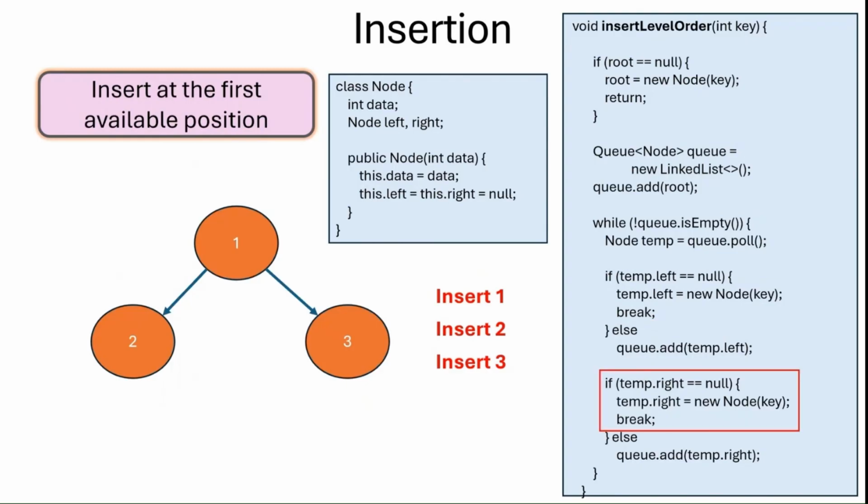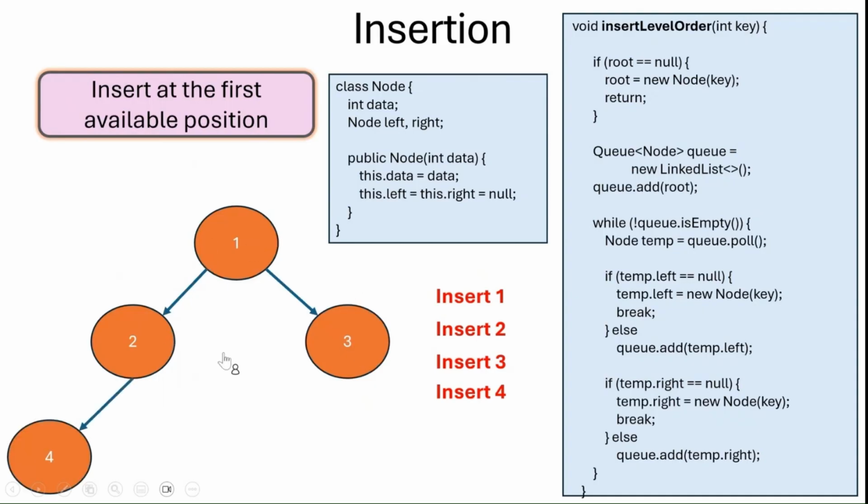If the right child is empty, then we can use that right child slot to create a new node. So whichever is the first available empty position. And we continue this for each new node. We traverse from root for each node and insert at the first available position. So this is the implementation of inserting the new node at the first available position using level order.